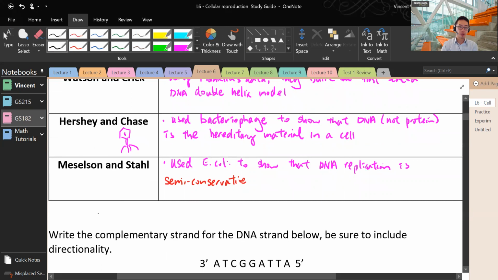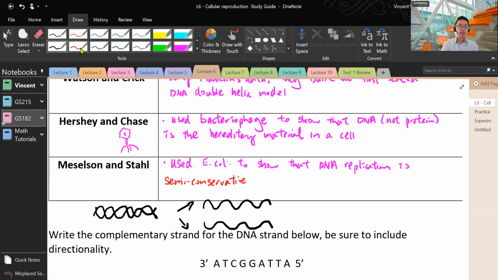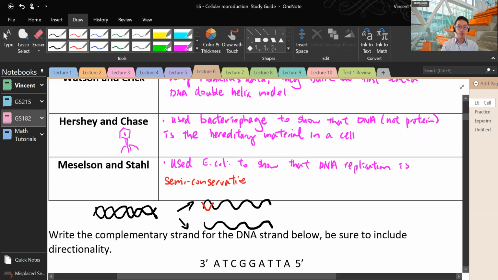I guess I can quickly show you. Right? So here is your original double helix. Okay, so after DNA replication, you're gonna have two of these copies, right? So this is the original strand, and then you will have the new strand.